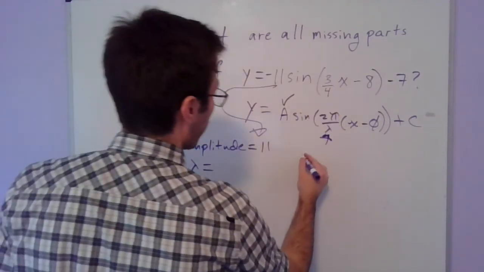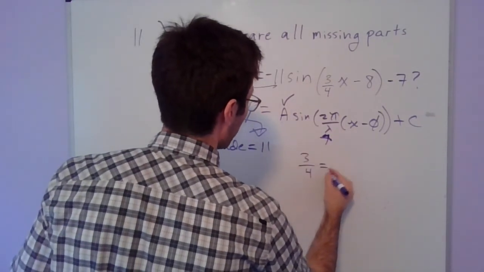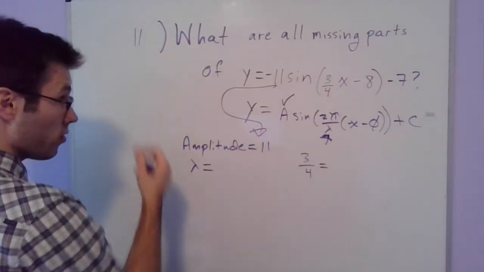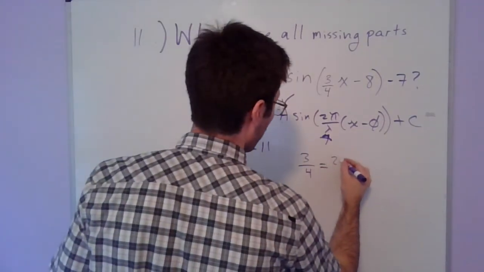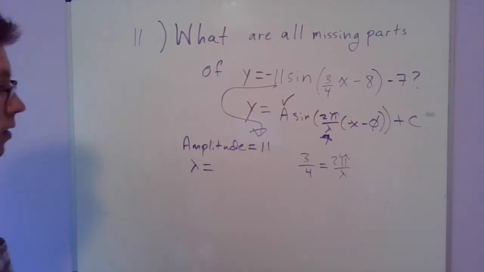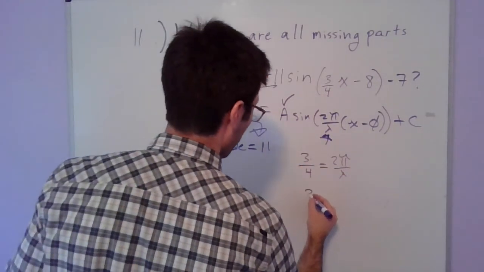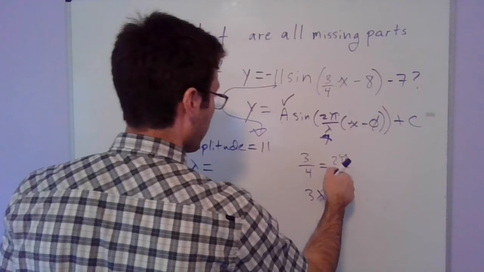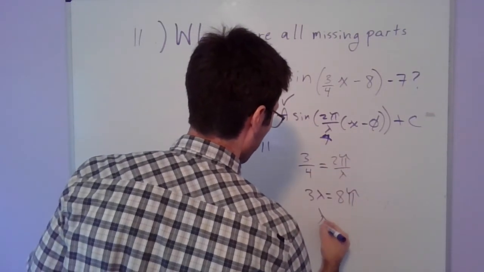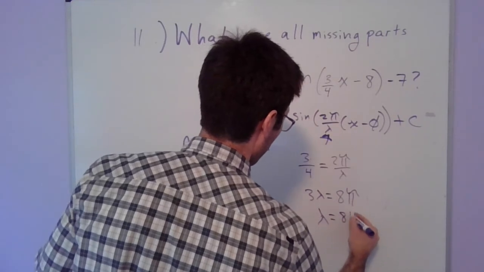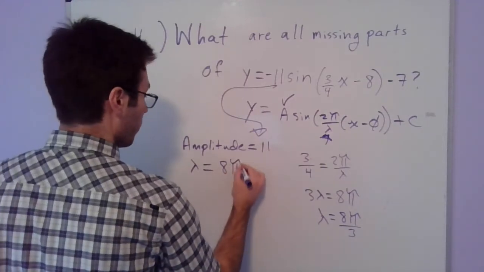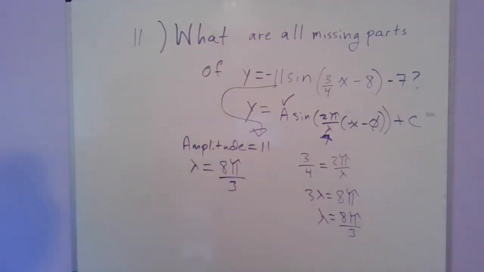So 3/4 must be equal to, so I'm going to set the number right next to the x equal to 2 pi over lambda, and then I'm going to solve for lambda. So I get 3 times lambda, cross multiplying, is equal to 8 pi. So lambda is equal to 8 pi divided by 3. All right, so that's my wavelength.